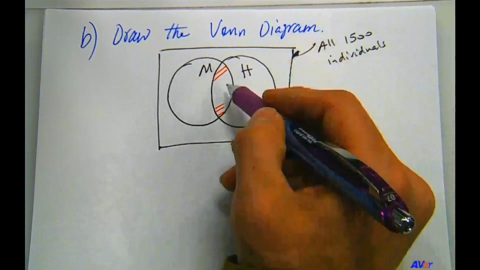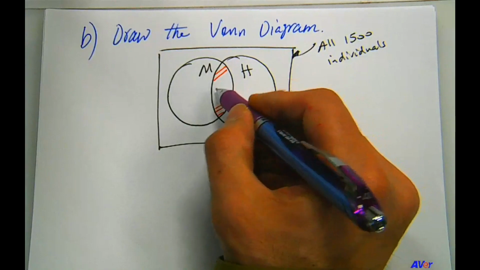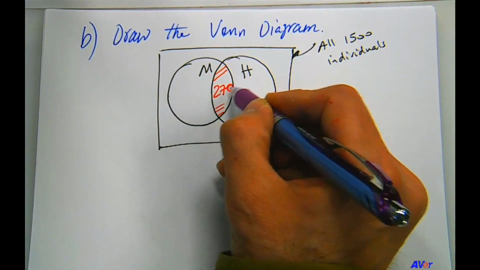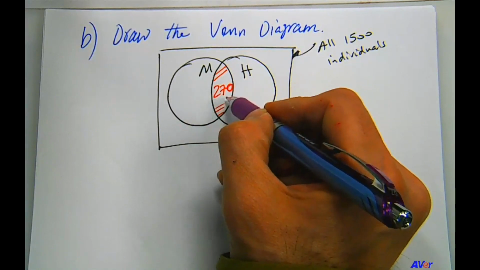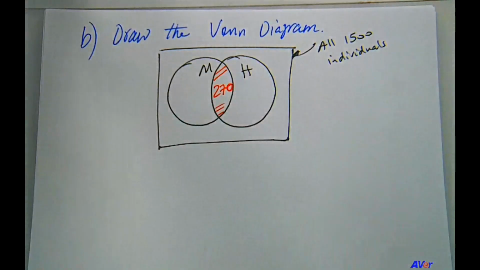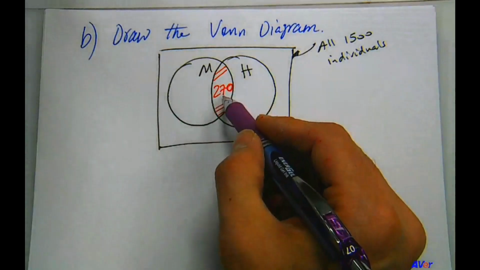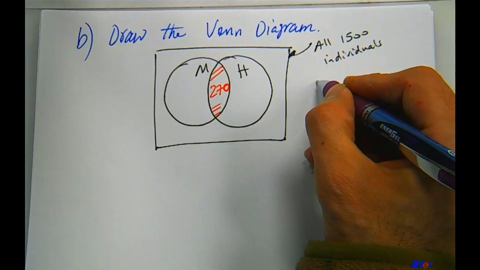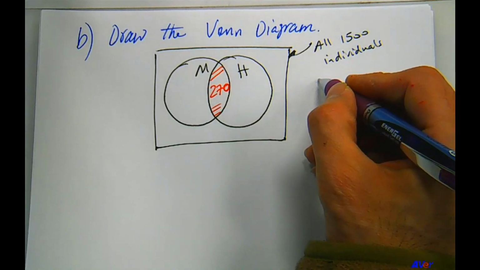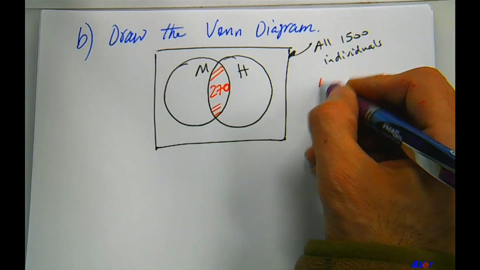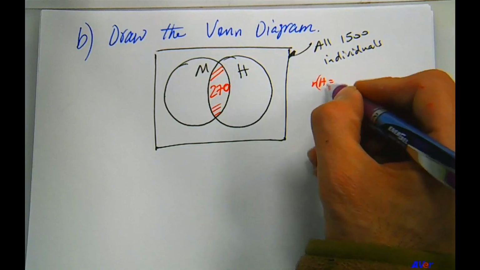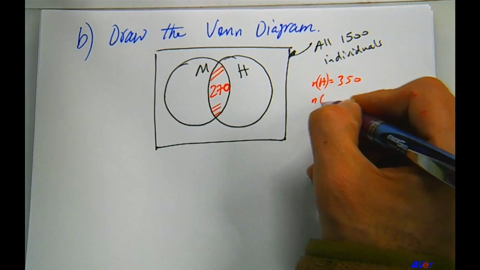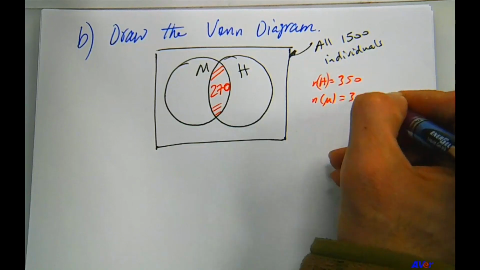So, starting with this, we have 270, right? So I'm starting from the junction part. 270 who are taking both history and mathematics. Then we were told on the previous slide that N of history was 350, and the number of those who are taking math was 300.